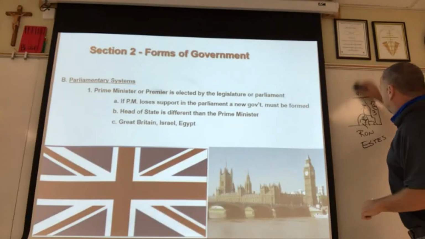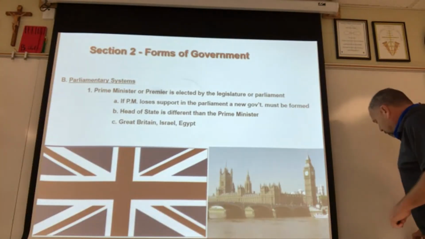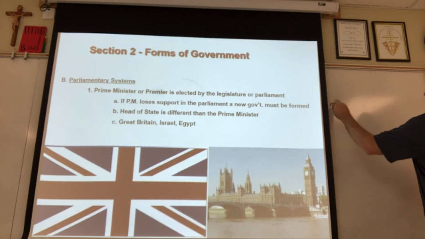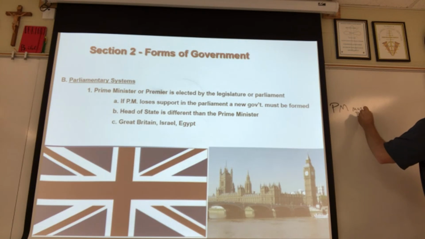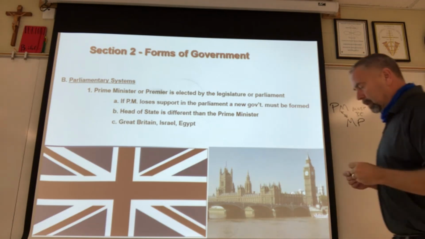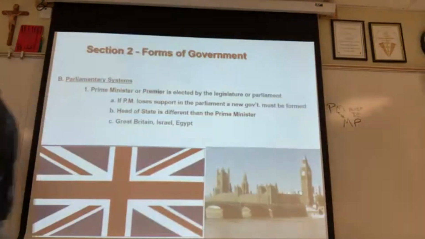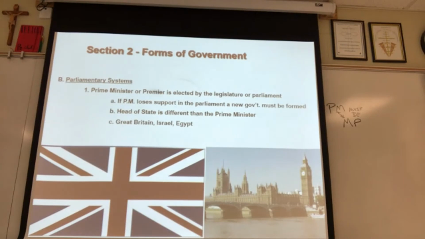In order to become prime minister, you must be a member of parliament. You've got to be in parliament to become prime minister because they elect you. And then, of course, the head of state and the chief executive are two different people.